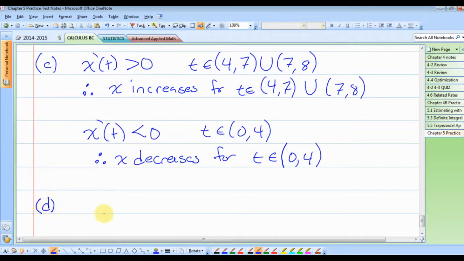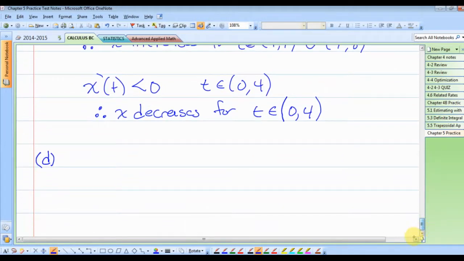This is another calculus A question. X has a relative extrema on this given interval. What is the coordinate of the relative minimum? Let me ask the question in another way. What value of t is the relative minimum?